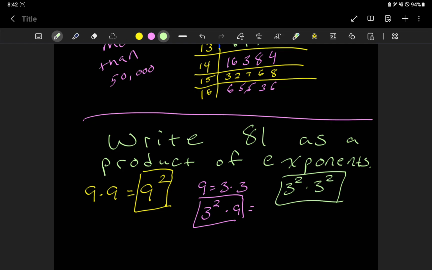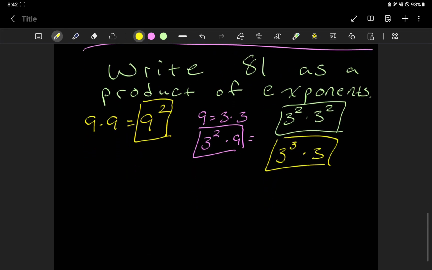Since 2 plus 2 equals 4, I just need these exponents to add up to 4. So I can do 3 to the third times 3. And the reason for that is 3 times 3 times 3, well, that's 9 times 3, which is 27.